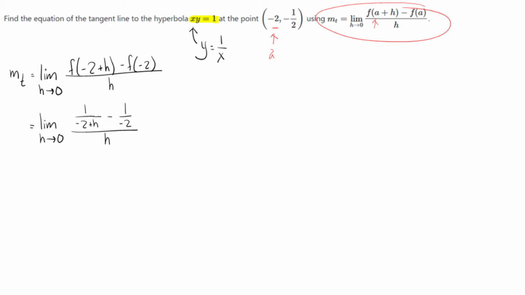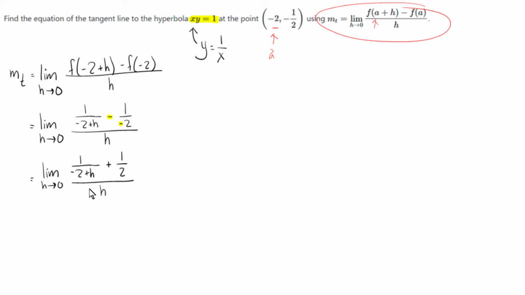We have 2 minus signs here, so that becomes positive. So this can be written as the limit as h goes to 0 of 1 over -2 plus h plus 1 over 2, over h.